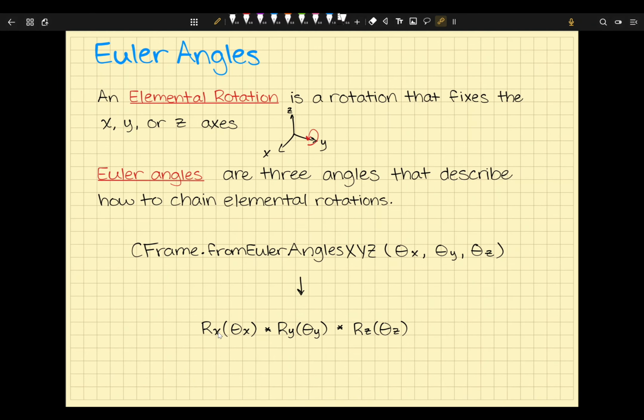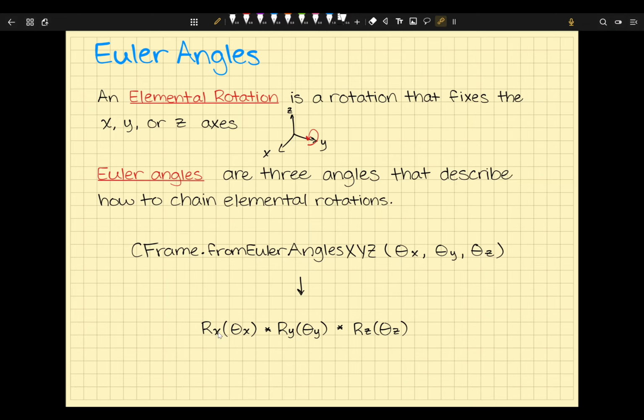So now we're going to talk about Euler angles, and Euler angles is one way of defining a 3D rotation. To understand Euler angles, first we need to understand what are called elemental rotations. An elemental rotation is a rotation that fixes either the x-axis, the y-axis, or the z-axis.